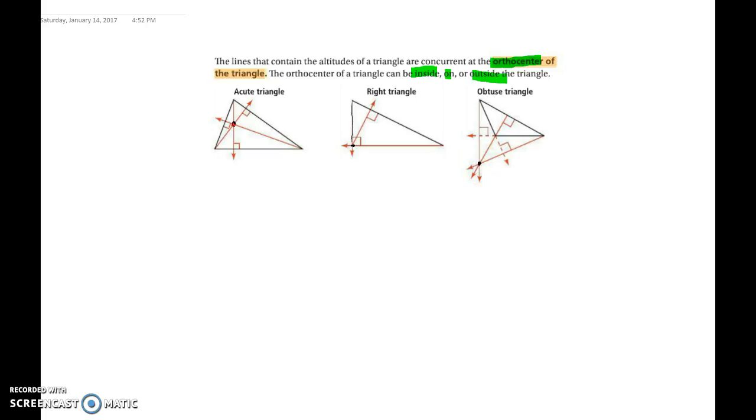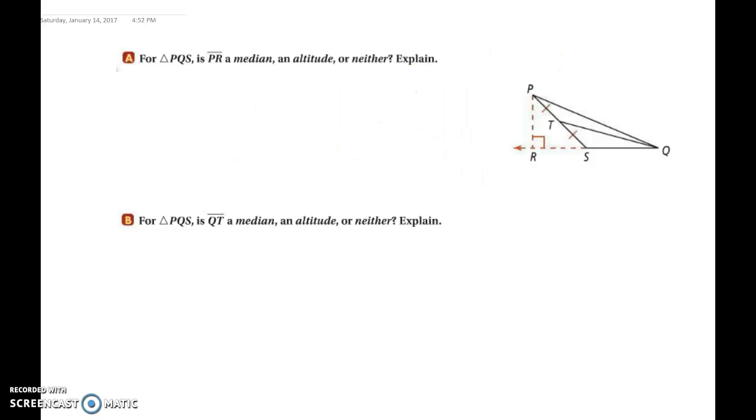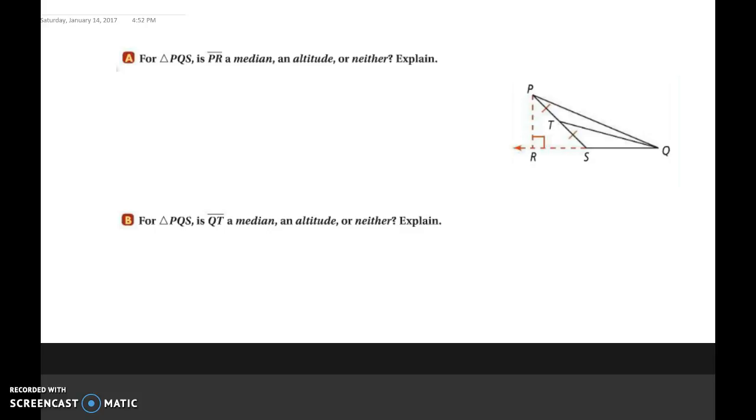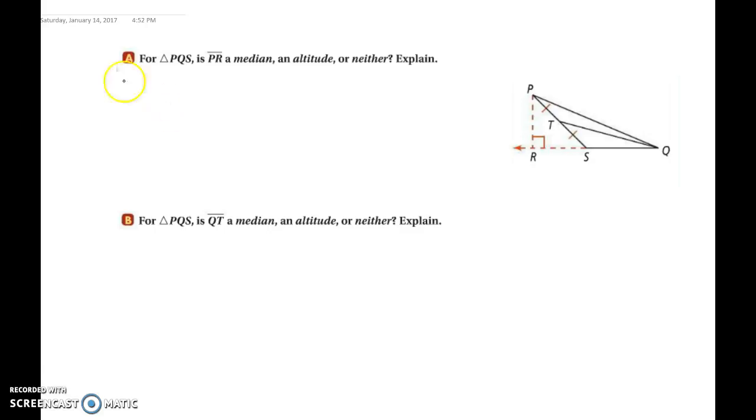So now we're going to do a quick problem, which is going to be determining if the lines that we're looking at are an altitude or a median. For triangle PQS, it asks, is segment PR a median, an altitude, or neither? So we're going to highlight this segment PR.